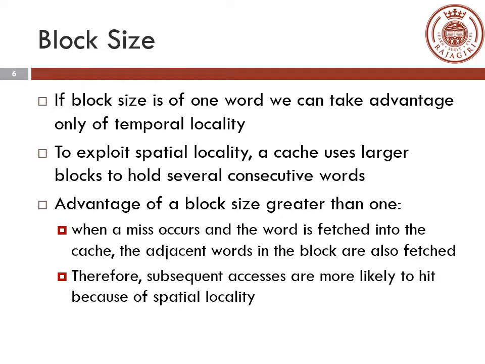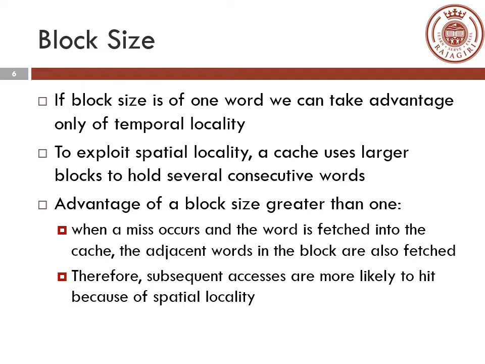Now if you are using the advantage of spatial locality, what spatial locality means is that if you are taking a data, there is a chance that the nearby data also will be taken soon. So if you are going to use the advantage of spatial locality, you need to increase the block size. That means in a block you will be having more number of words.